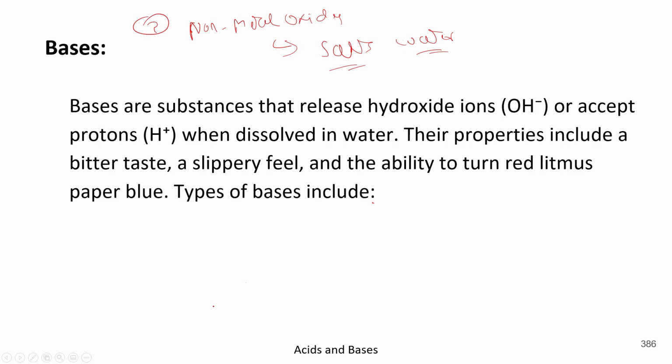And how can I say that? Because remember one thing: metal oxide is basic, and non-metal oxide is acidic.